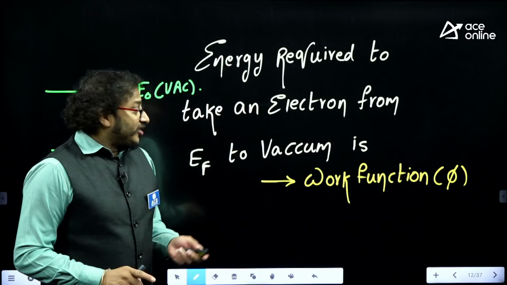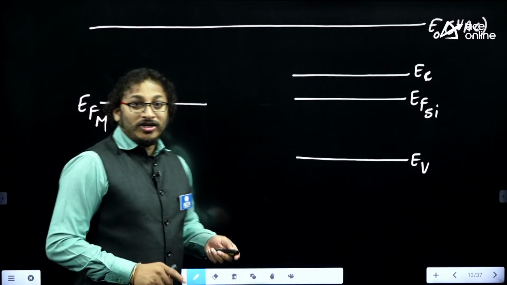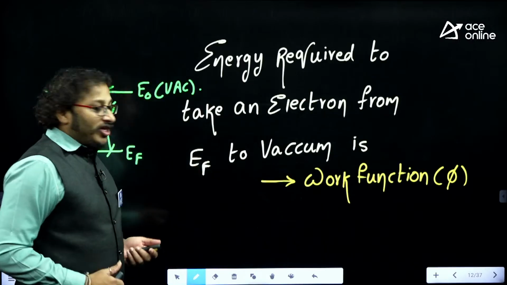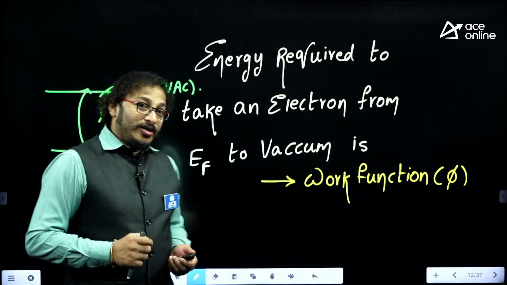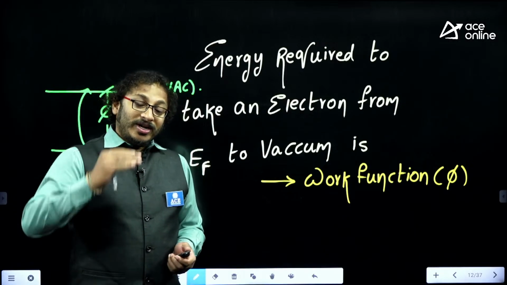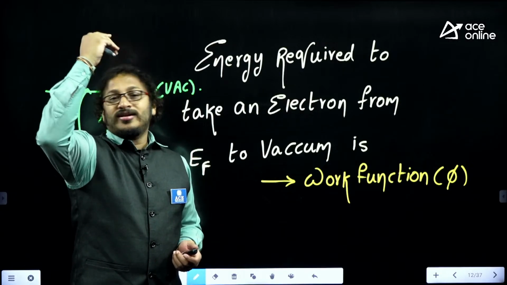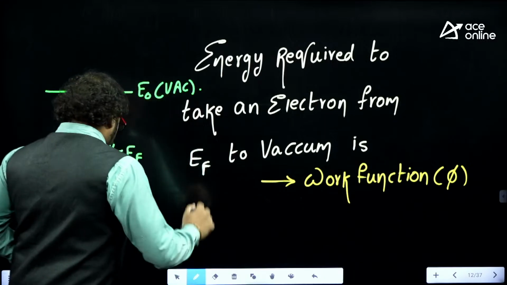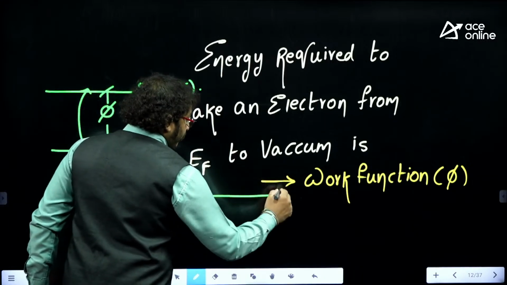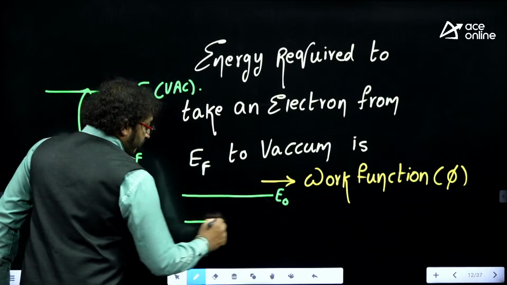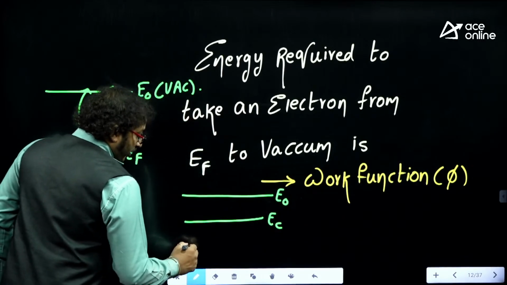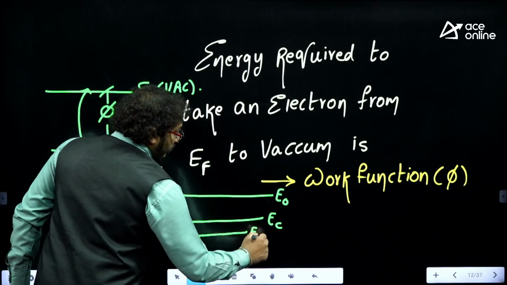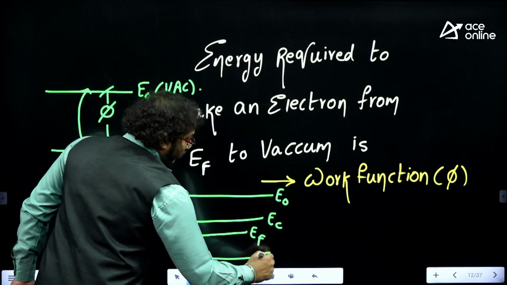One more thing we have is called electron affinity. What is the meaning of electron affinity? It is the amount of energy required to bring a particle from the conduction level to the vacuum state. For example, say this is the vacuum state, which is E0. Say this is EF, this is EC, EV, okay?